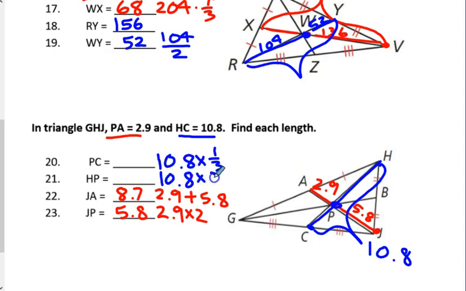Since it's the big part, it's going to be times 2/3. Throw that in the calculator. So I got 10.8 times 1/3, and that gives me 3.6. And then 10.8 times 2/3 is 7.2. Okay, now that's the first page, front and back, of your assignment.